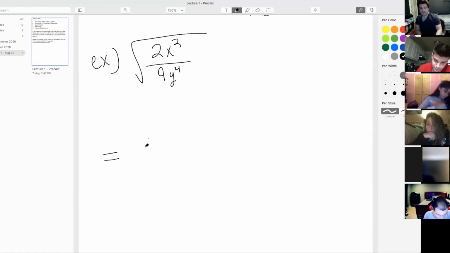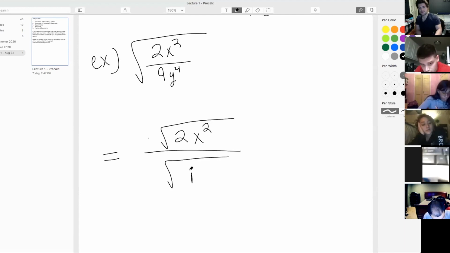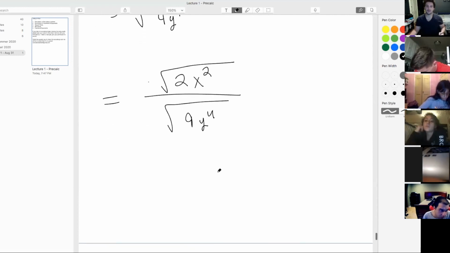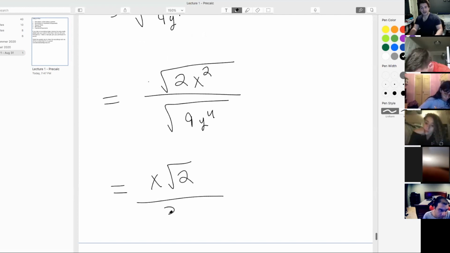So this is the same as the square root of 2x squared divided by the square root of 9y to the 4th. Very good. And now we can just simplify. This will become x square root of 2 divided by 3y squared.